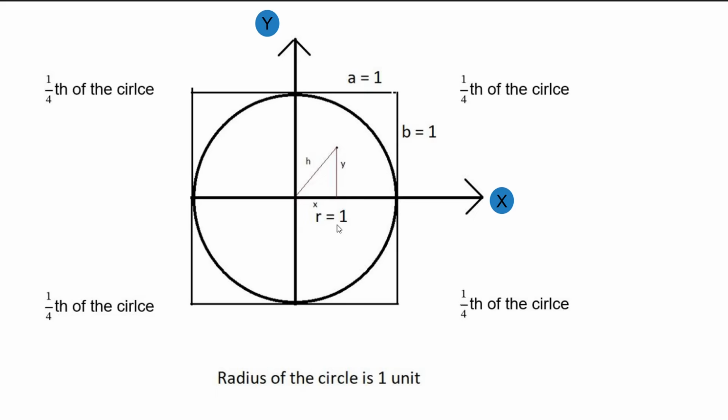And as its radius is 1 unit, the area will be pi unit square. So by calculating the whole circle, we will get pi unit square. That's the value of pi we are expecting.